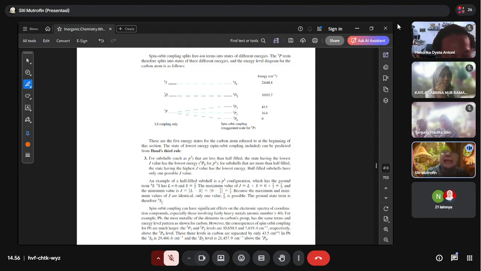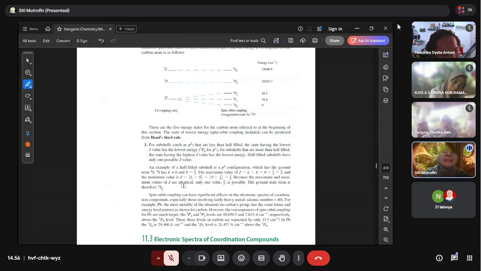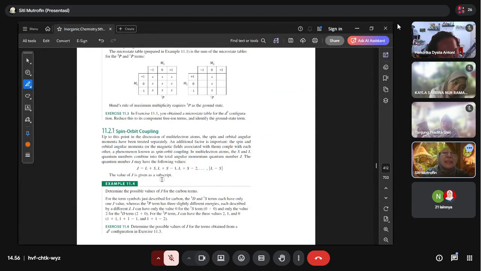I already shared that the G value equals L minus 1 to L plus 1, to L plus S minus 1, to L plus S minus 2. What does it mean? You can find the answer here in the book.